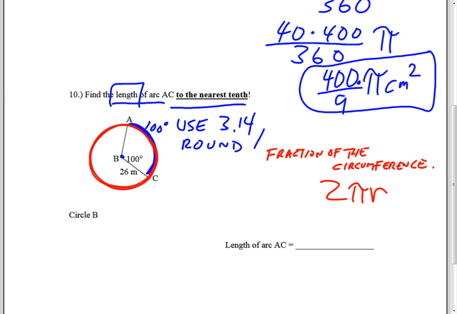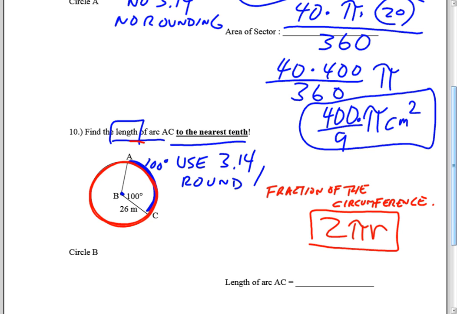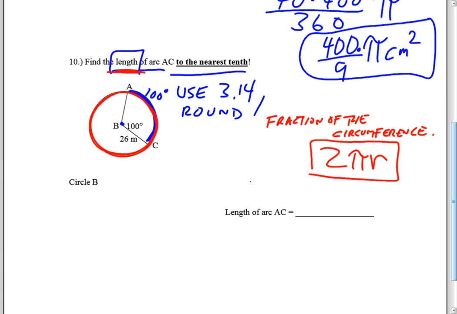So I'm going to do with 2 pi r exactly what I did with pi r squared up there. Pi r squared goes with area. If I'm looking for length, then I've got to use the circumference formula. I still need a fraction. 360, what's my degrees for this one? 100. I'm finding 100/360ths of the circumference.